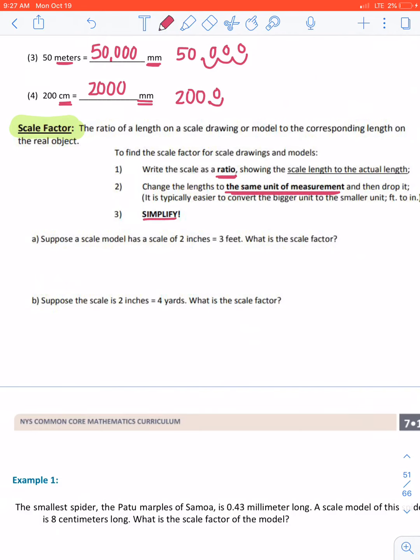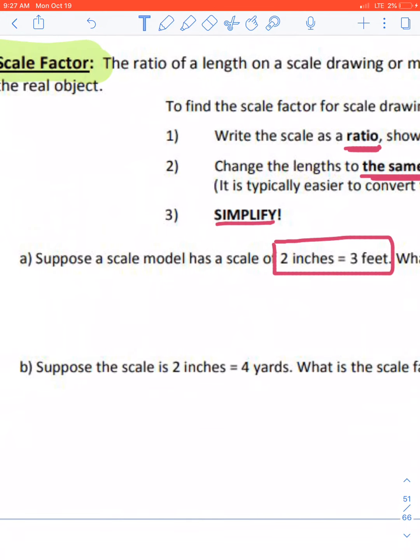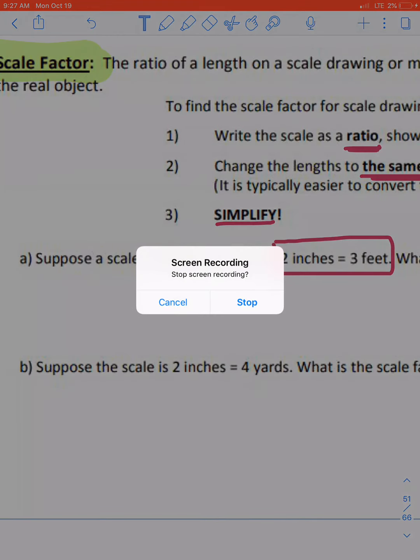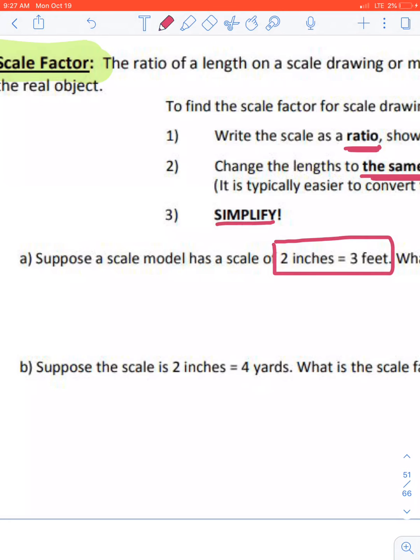So in part A, here is our scale on our picture. And remember, scale is different. Scale is 2 units with measurements. The scale factor is what it's trying to have us find. So, let's make this a little bigger so we can actually write here. So we're asked to find the scale factor.